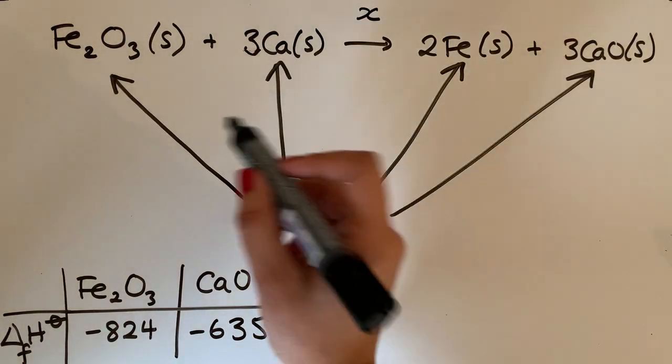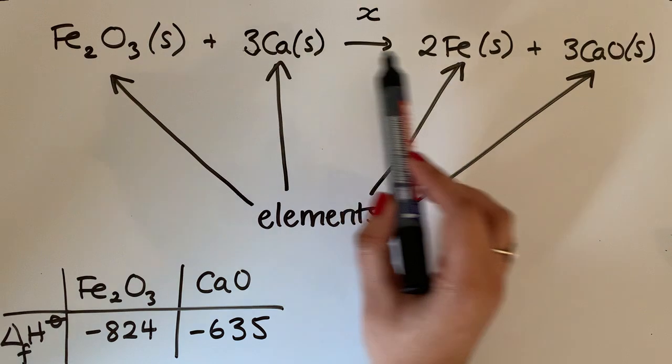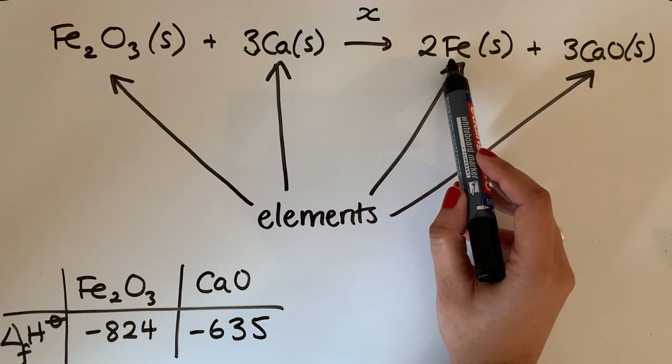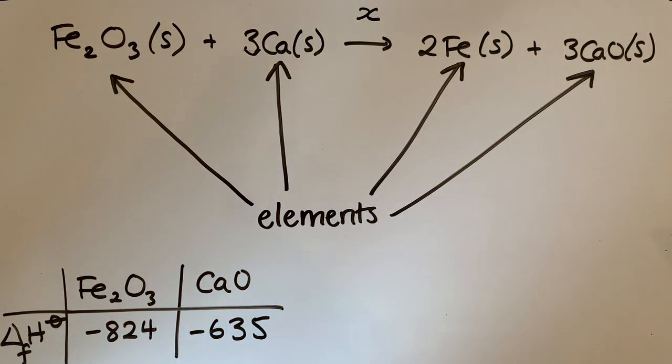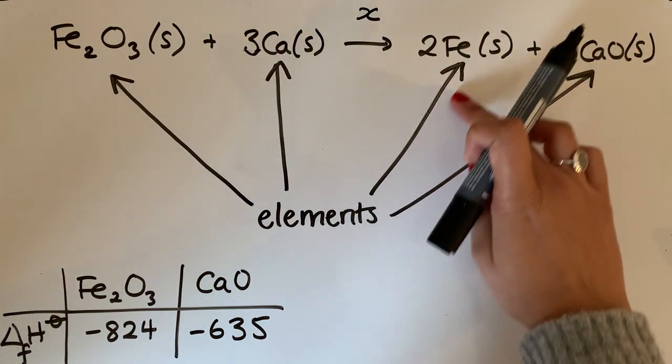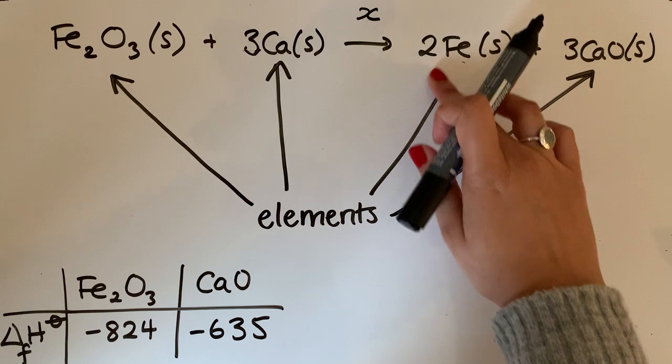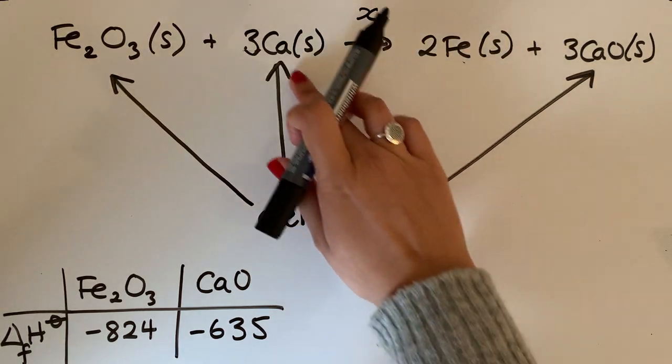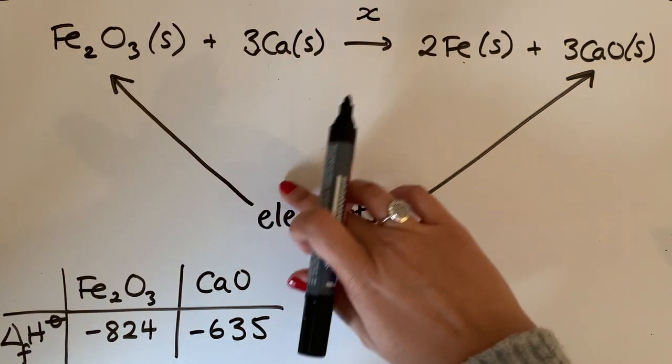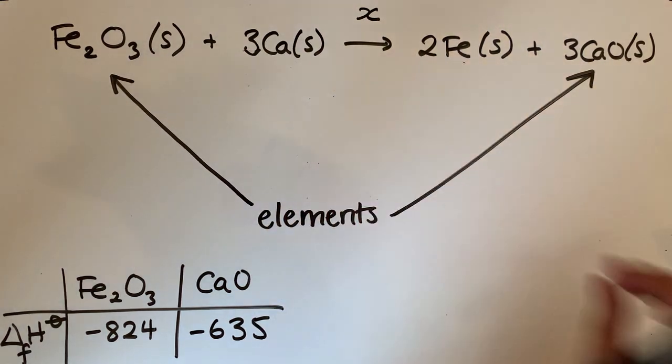So if we look over here, we've got calcium, which is an element, and we've got iron, which is an element. They haven't given us the enthalpy change of formation of those because it's just 0. So technically, for elements, you don't actually need to draw the arrow for them because it's just going to be 0. So I'm going to rub them out just to make our Hess's cycle a little bit clearer.